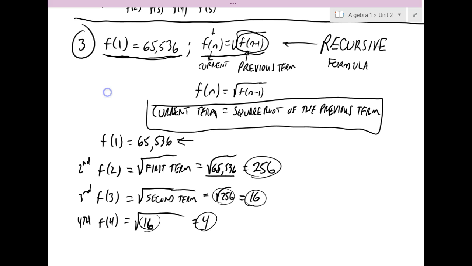That's why once you learn how to say these kinds of formulas in words, they suddenly become a lot easier. It's kind of confusing when you look at this formula, but if you understand that the f of n minus 1 always means the term that came right before the one we're trying to find, then all we're doing is taking the square root of that.